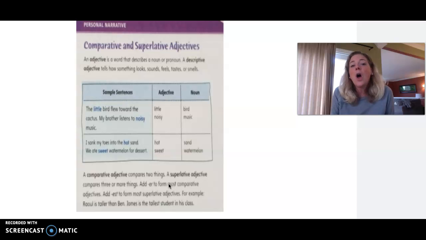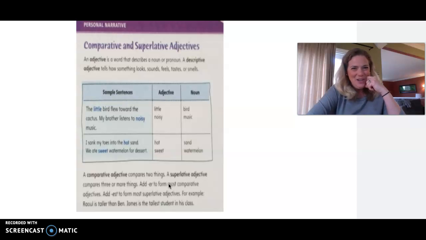I am the tallest in the class. You wouldn't say, I am the taller of the class. You would say, I am the tallest. So er, if it's just two people you're comparing. est goes on the end of your adjective if you're comparing three or more.